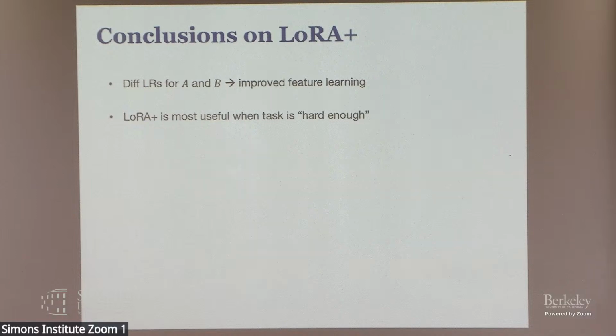We found something interesting in our empirical results: LoRa Plus is most useful when the task is hard enough for the pre-trained model, say you take Llama 7B with MMLU. You'll find that LoRa Plus is better than LoRa, because when the task is hard enough for the pre-trained model, you really need that efficient feature learning to efficiently update, train or fine-tune the model.